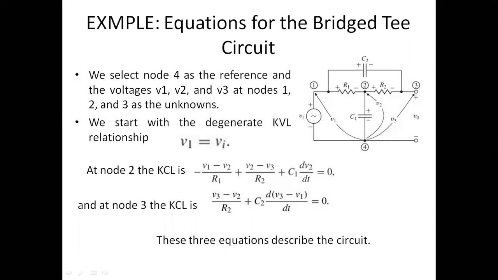Is that right? Yes, ma'am. And for capacitor 2, that is C2, the voltage across capacitor 2 is V3 minus V1. So the current will be C2 multiplied by d by dt of V3 minus V1. Is that right? Yes, ma'am. So that means at node number 2 and node number 3, KCL equations are verified? Yes, ma'am.